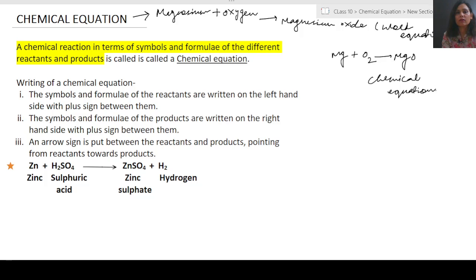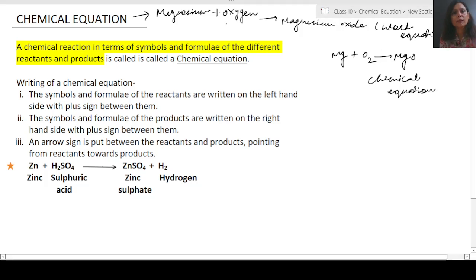When we pick up the main words and show them with the plus symbol and the arrow between the reactants and the products, it becomes a word reaction. And when the same thing is written using symbols, it becomes a chemical equation. Till here we have already understood in my previous session.